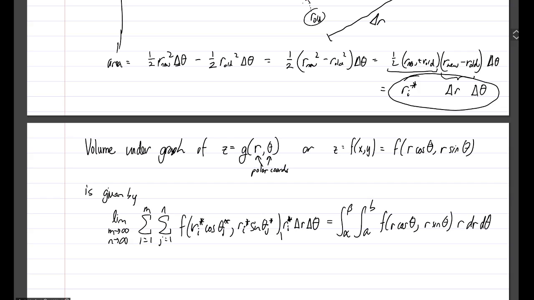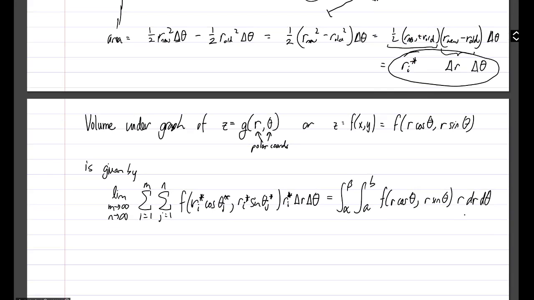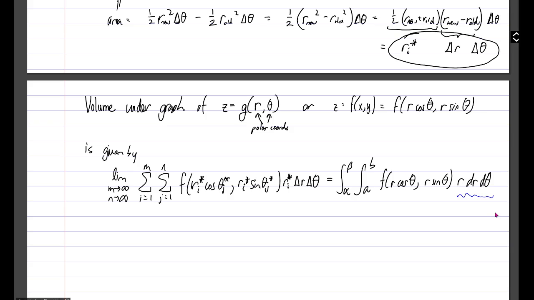So you'll notice the r star delta theta is now r dr d theta. I think you're going to see a lot of this r dr d theta business. I know it looks a little funky for now, but you'll get used to it.